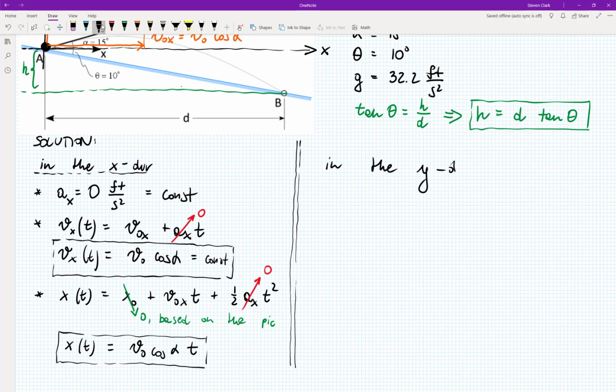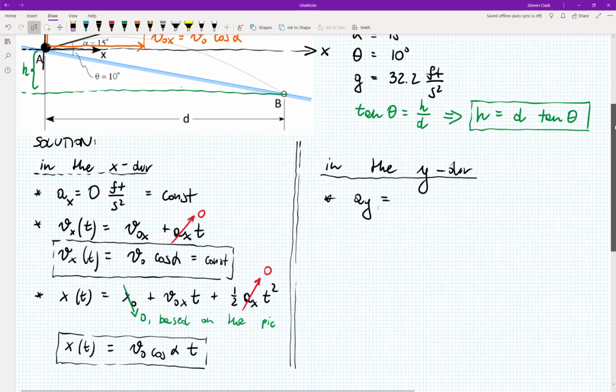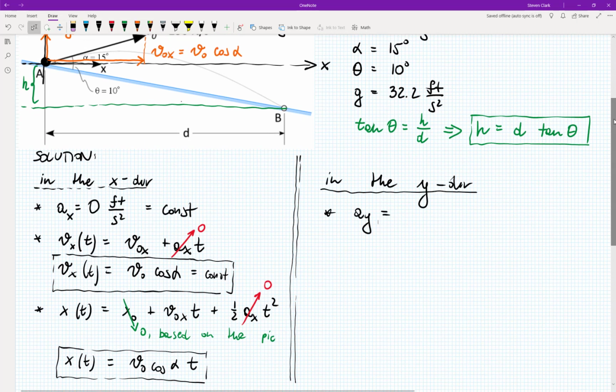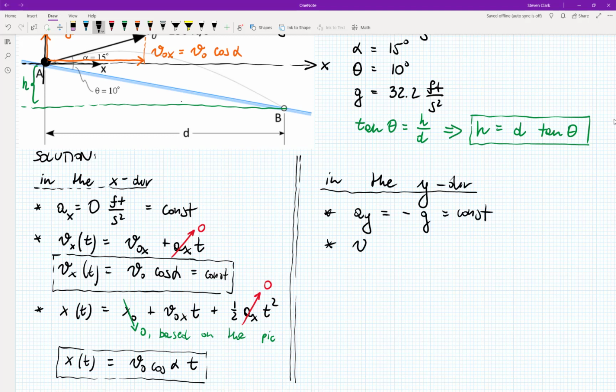In the y direction. So what is acceleration y? Ay. Anybody? Negative gravity, perfect. And again, it is constant. So if it's constant, we can use the ready-to-go expression for velocity.